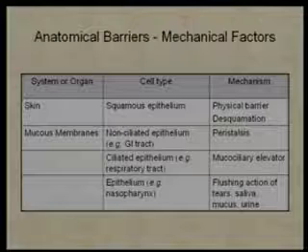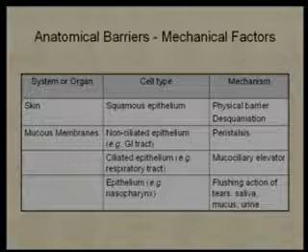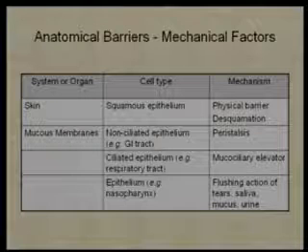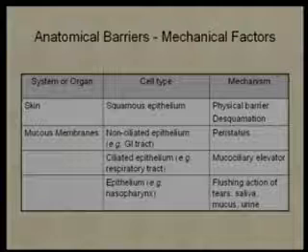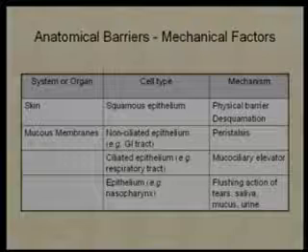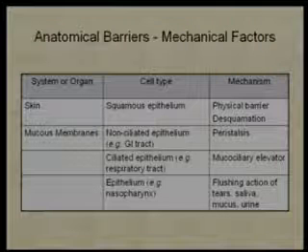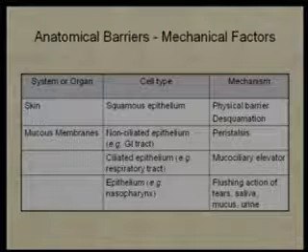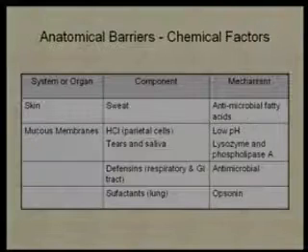As we inhale organisms, they get trapped in the mucus. We cough, the mucus comes up through the mucociliary elevator, and we either swallow it or expectorate it. The flushing action of tears and saliva also acts as a barrier to infection, because the bacteria are constantly being removed through the tears, saliva, and the urine. So these all play a part in these barriers.